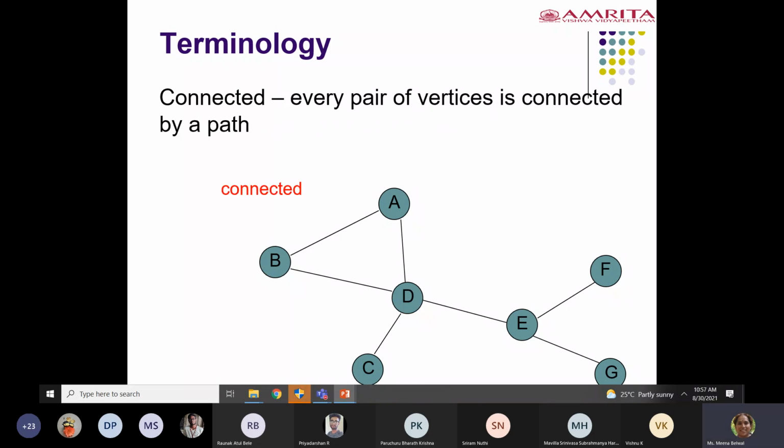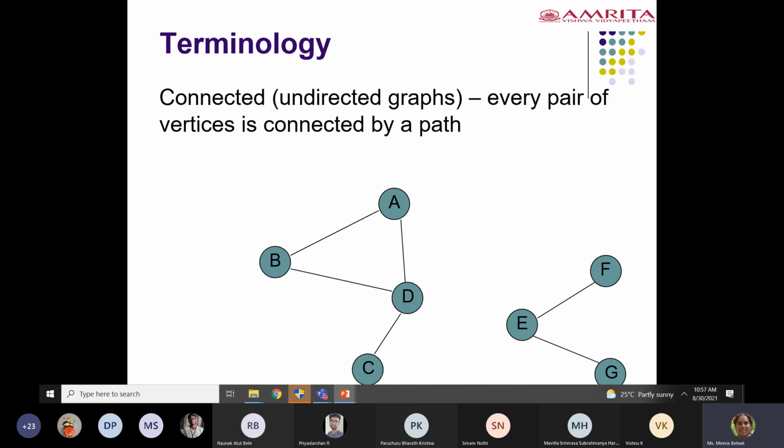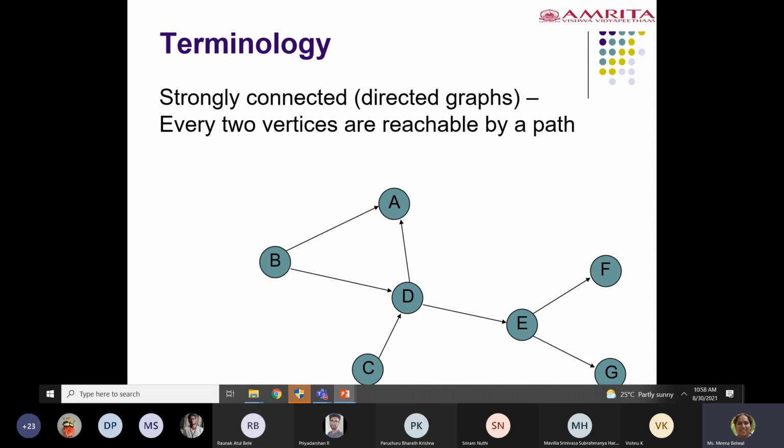This was an undirected graph which was connected. This was an undirected graph which was not connected. Now we are talking about a strongly connected graph. The term strongly connected is used with directed graphs.